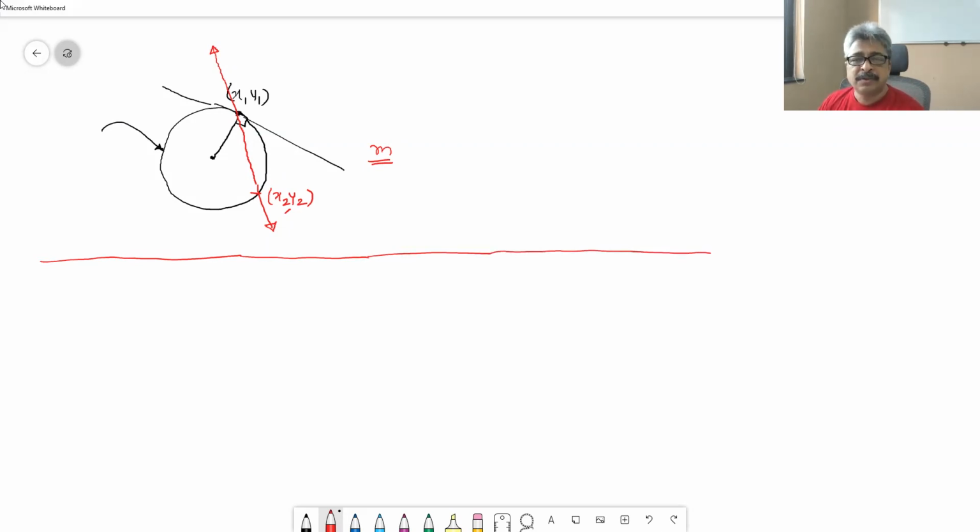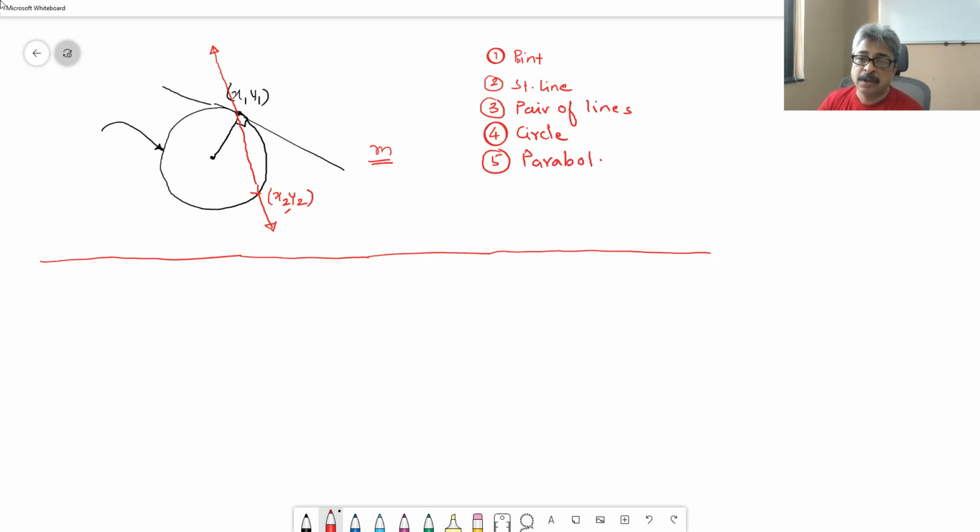Now, whenever we say conic, we mean one, maybe a point, a straight line, a pair of lines, a circle, a parabola, an ellipse, and a hyperbola.